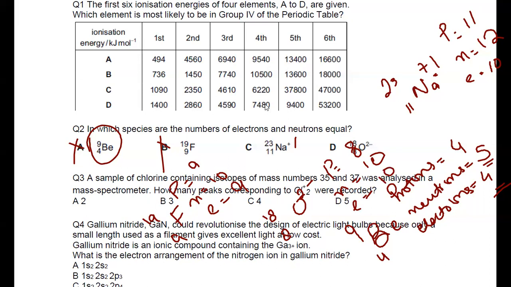When we have a minus sign, that means we have more electrons, right? If the charge is positive, we subtract electrons. If the charge is negative, we add electrons. So how many electrons do we add? 2, because the charge is 2 minus. So I will add 2 electrons to it. 8 plus 2 is 10. So the answer is option D, neutrons and electrons are equal to each other.